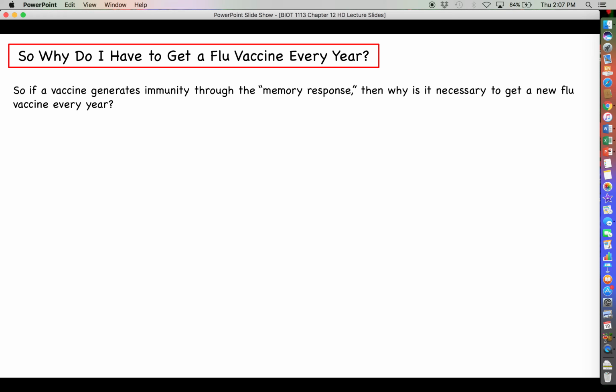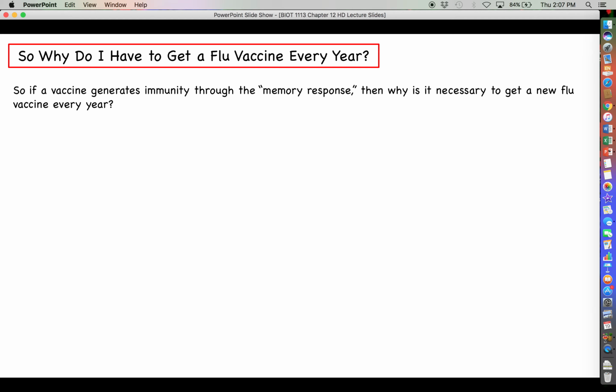Now, a common question that I get, regardless of what class I'm teaching, whether it's just general biology or human physiology, or I would expect to get it in this class as well, if we're talking about vaccines for something like influenza, why do you have to get a new vaccine every year? Now, some vaccines generate immunity that lasts a lifetime, right?